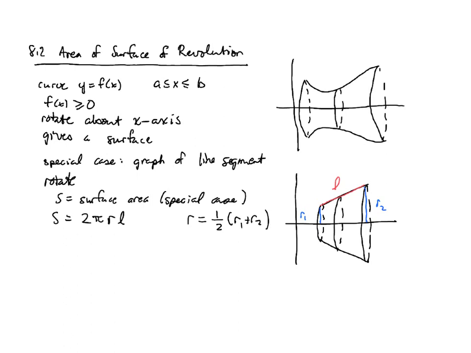Now, if we apply that to the more general case of our surface of revolution up here, we can treat the surface very similarly to the way we treated the length of a curve in the previous section. So we would take the curve that we started with and approximate it by a small number of secant lines, like this, and rotate those.